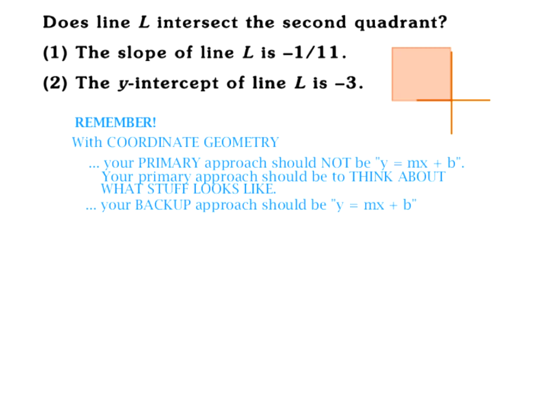So let's talk about visuals here. What does statement 1 look like? Like, what does a slope of -1/11 actually do? How does it appear on a coordinate plane?